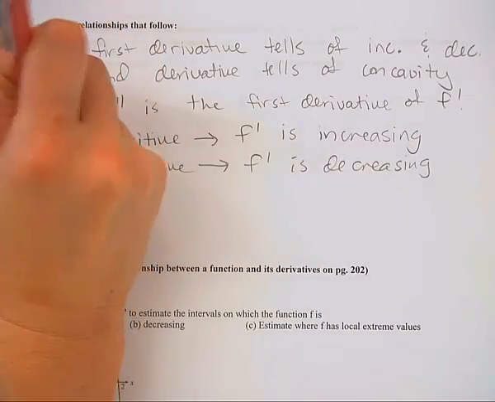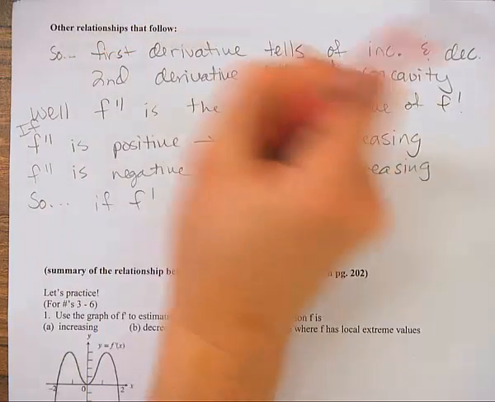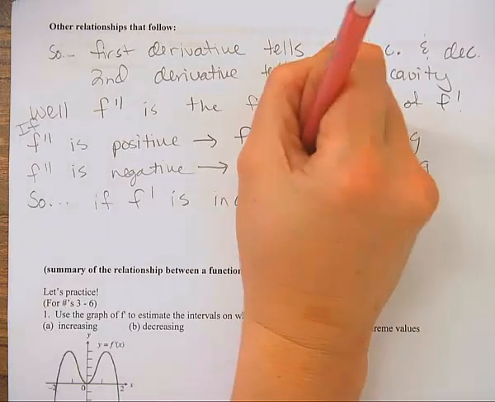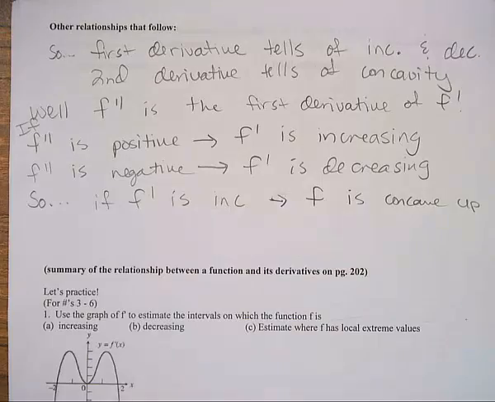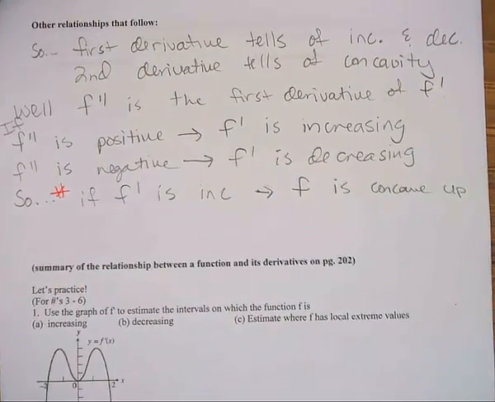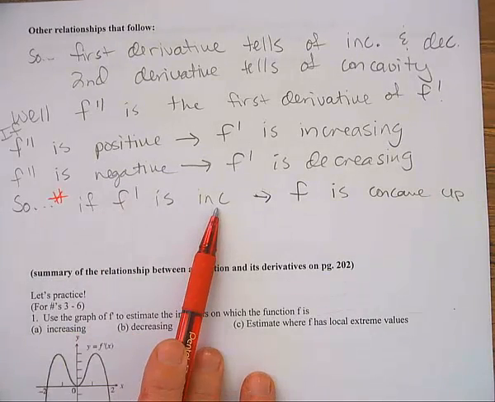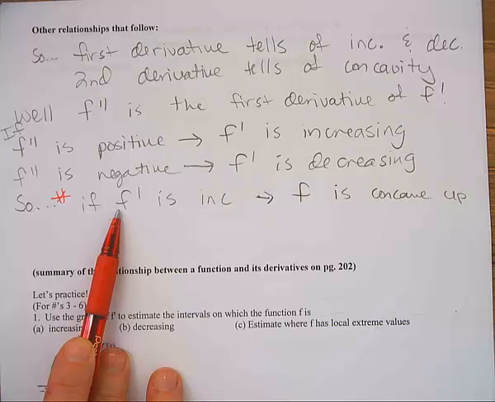But to go even further, if f prime is increasing, that will imply that f is concave up. This is so huge. Why is that? Because if f prime is increasing, that must have meant that its derivative was positive. Because remember, if the first derivative of a function is positive, that function is increasing.